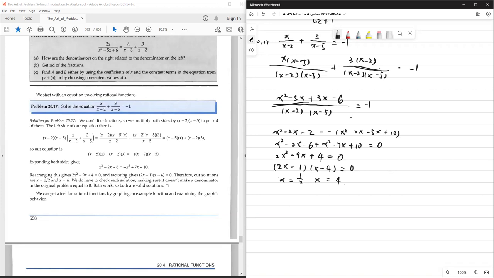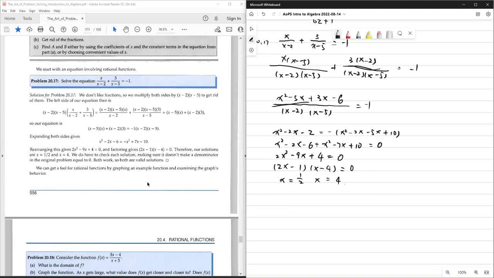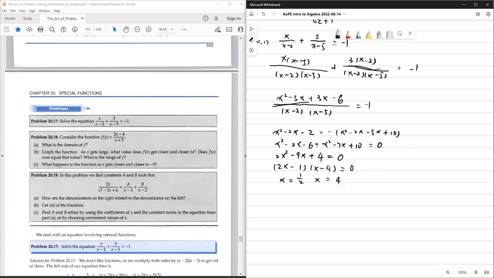So both of these roots are correct. But you should always double check. This is simple, straightforward enough. Like over here, we do have to check each solution, make sure it doesn't make a denominator in the original problem equal 0. So this one works. So both are roots. Okay, so makes sense.